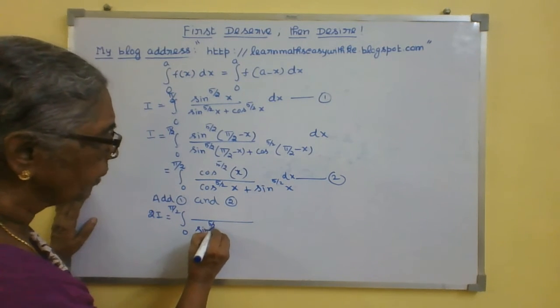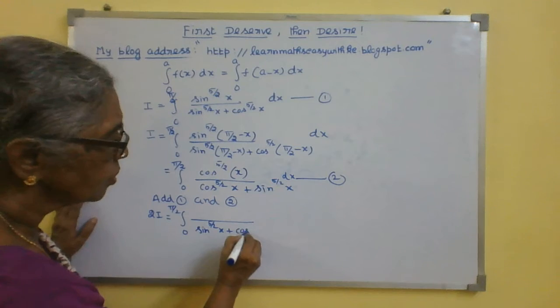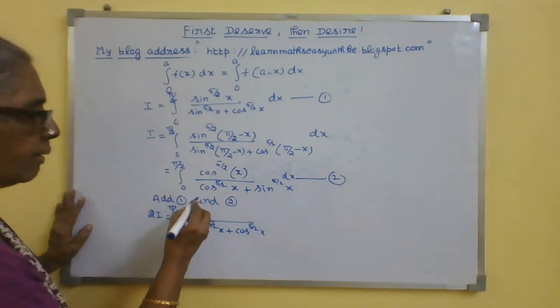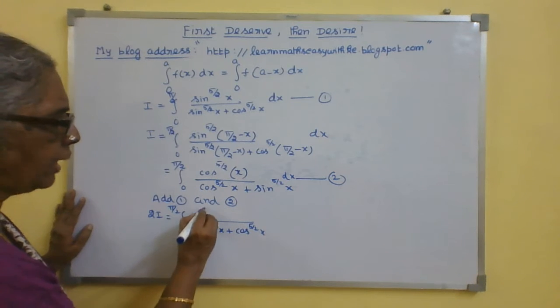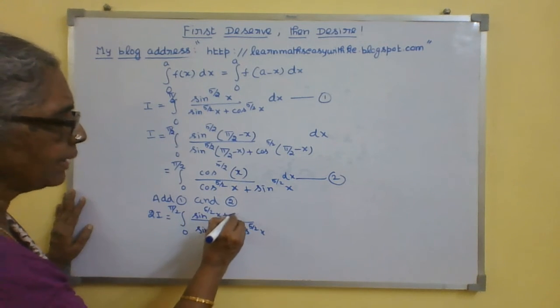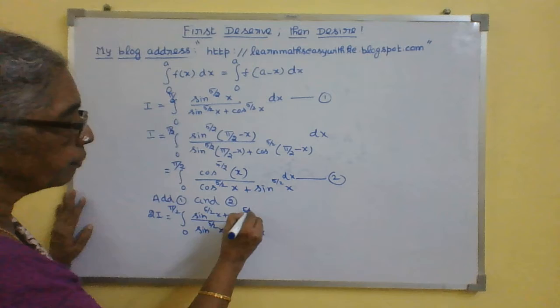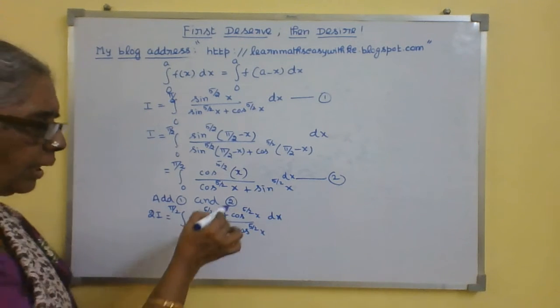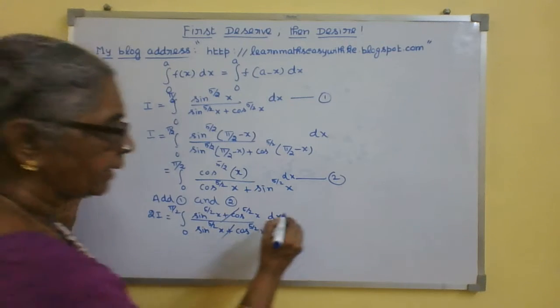Whatever I write, sine power 5 by 2 x plus cos power 5 by 2 x. Now coming to the numerator, you have in step 1 sine, you have in step 2 cos. So definitely you will be getting it like this only. Cut everything.